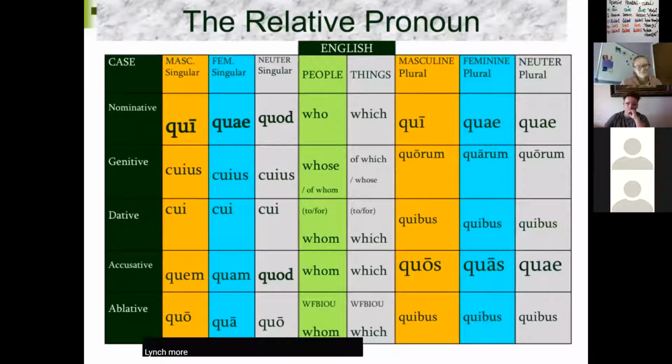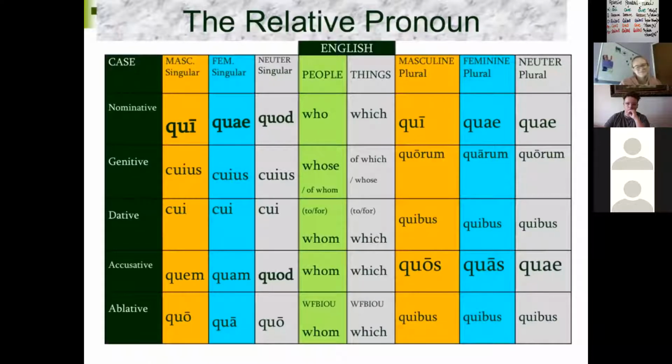Which four things? One more time. Quick, quack, quote. Quiz, quiz, quiz, quiz, yes. Quick, quick, quick. Quam, quam, quote. Quote, quack, quote. That's the relative pronoun. Singular.